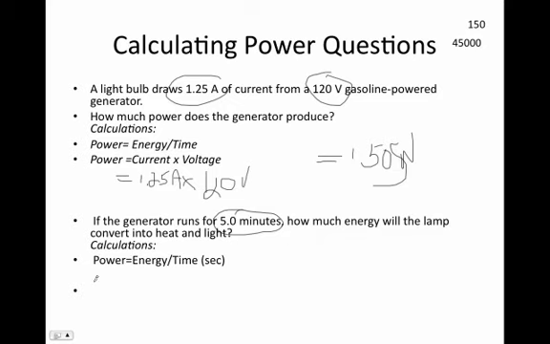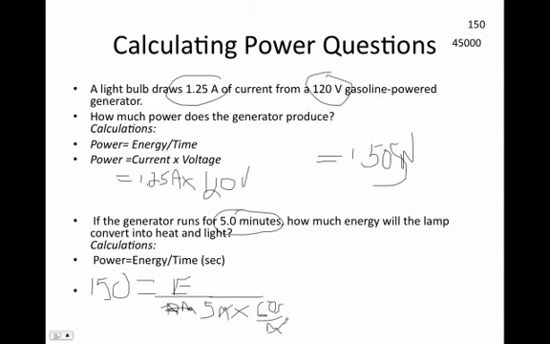So let's put in our power, that's 150 watts, and that's equal to the energy divided by the time, which has to be in seconds. That's energy divided by 5 minutes times 60 seconds in a minute to get it into seconds.